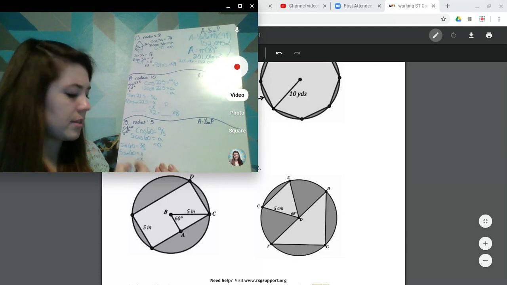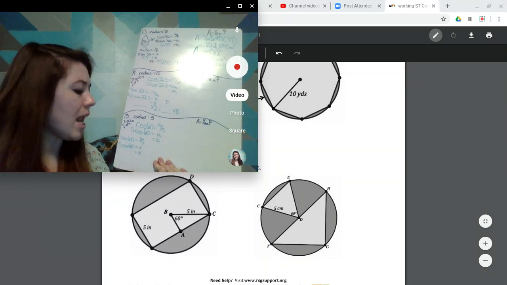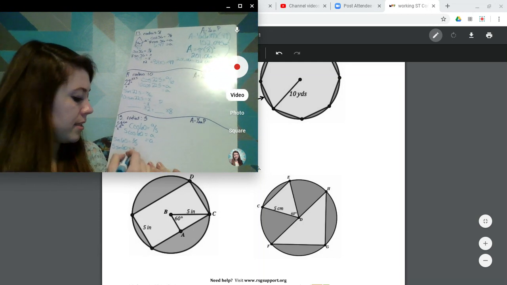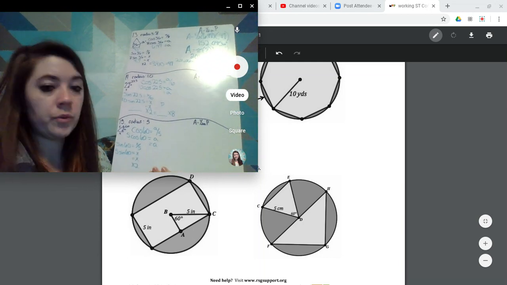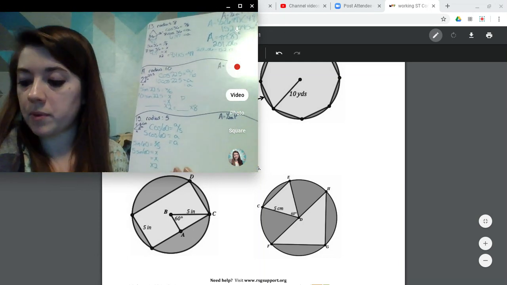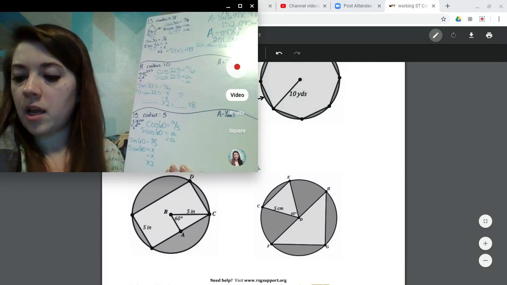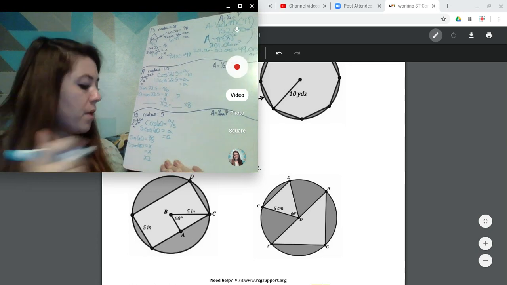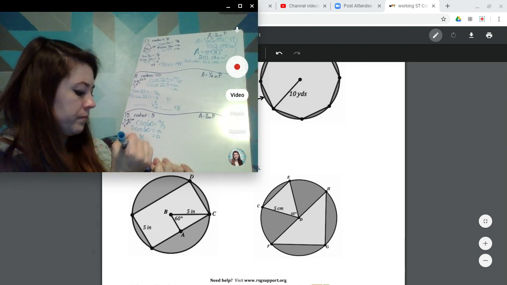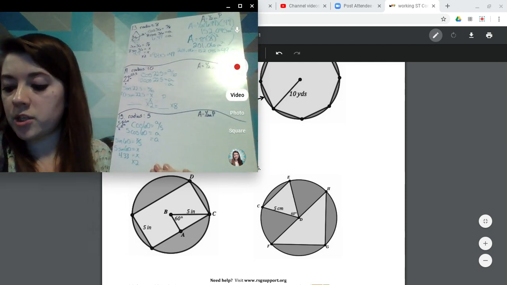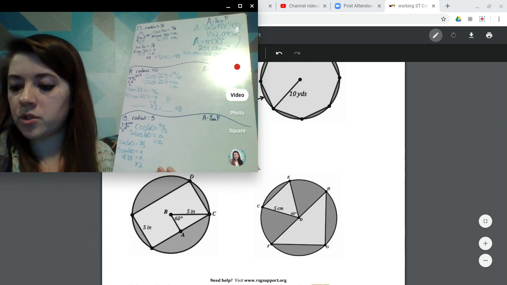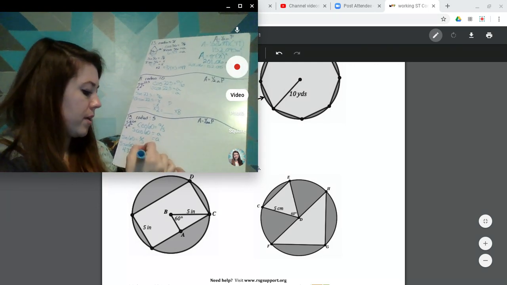So x equals something. Now, in this case, yes, you are still going to multiply it by 2. I'm actually going to find what this is for you just because this one's a little different. So sine of 60 is 4.33. You're going to multiply that by 2. So 4.33 times 2 is going to get you 8.66.